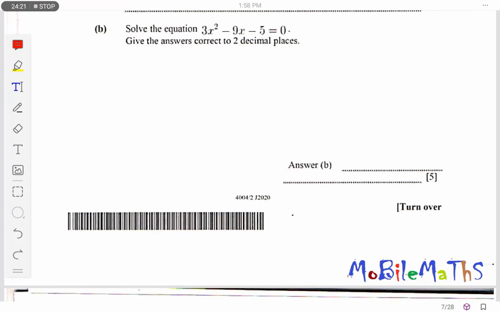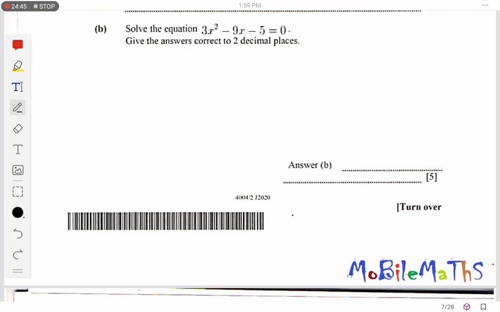Solve the equation. So we are now solving. Normally these questions follow each other. So let's see how we solve this one. The moment they say to 2 decimal places, there are no two ways about it. Don't crack your head by trying to find factors. Just use your quadratic formula.